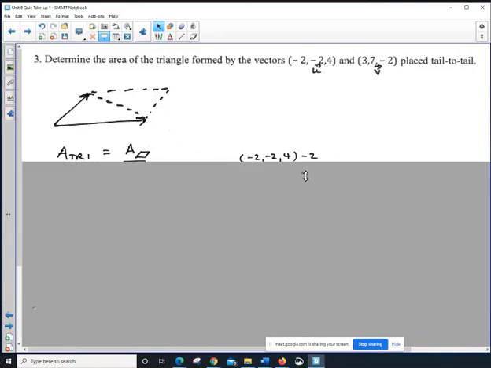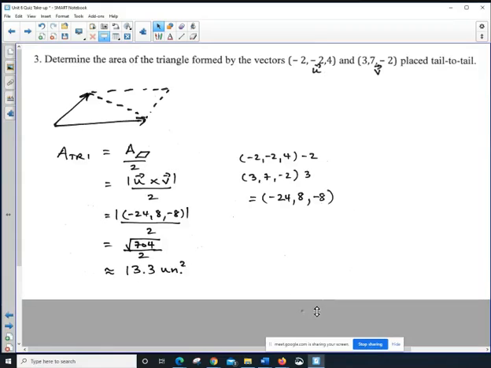All right. So this is what I'm trying to solve, is the area of the parallelogram divided by 2. And the area of the parallelogram is given by finding the magnitude of the cross product. So the first thing I have to do is find the cross product of these two vectors. So again, hopefully everybody has found some trick to help them easily determine the cross product.